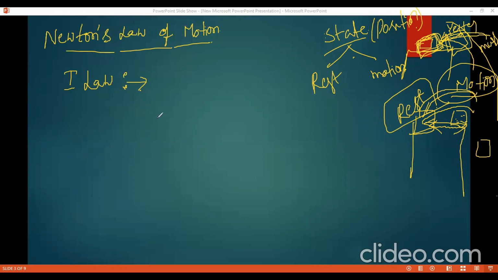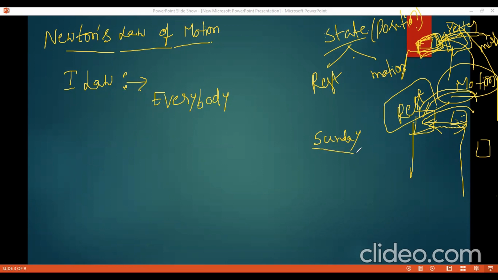So, how do we define Newton's first law of motion with respect to rest and motion? Let us see. Any body you take should be in the same state. Say, Sunday came. What do you do? You wake up late, generally.